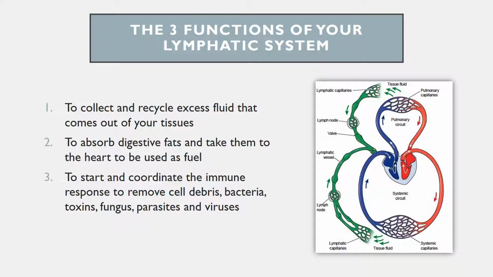So on the right side of this slide is a general representation of how the circulatory system and the lymphatic system interact with each other. If you begin at the top and look at the pulmonary circuitry and the pulmonary capillaries, these are the microvessels where oxygen is transferred from your lungs to your blood, and then it goes down and gets pumped into the rest of your body through the left side of your heart.